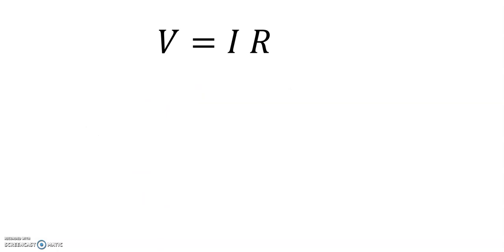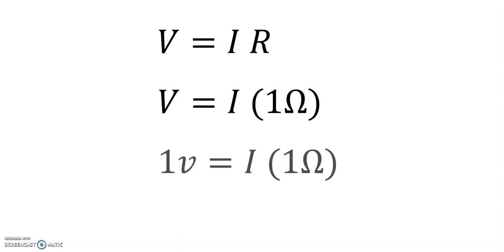Looking at this in terms of the formula, V is equal to IR, and my circuit has an overall resistance of 1 ohm. How do I know that? Because I picked the resistor from my lab, and I put a 1 ohm one into the circuit. I also know I've only used 1 battery, and these batteries only have 1 volt potential difference.